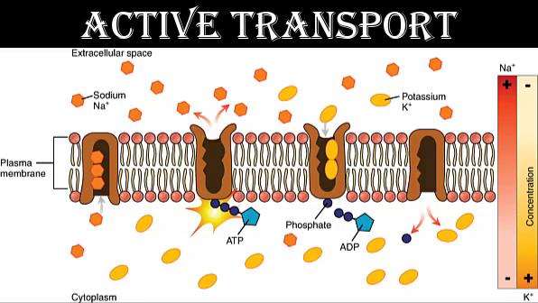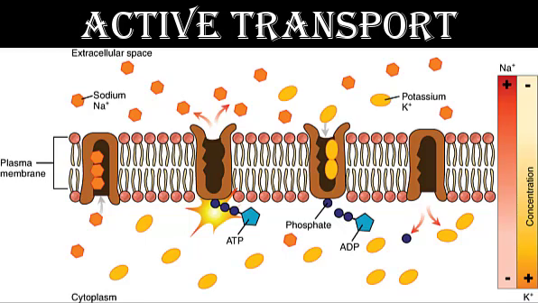The negative electrical gradient is maintained because each sodium-potassium pump moves 3 sodium ions out of the cell and 2 potassium ions into the cell for each ATP molecule that is used. This process is so important for nerve cells that it accounts for the majority of their ATP usage.